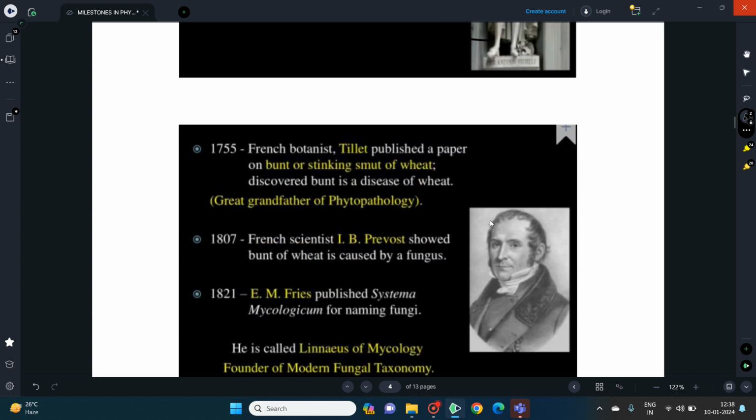In 1755, the French botanist Tillet published a paper on bunt or stinking smut of wheat, and he discovered that bunt is a disease of wheat. He is called the great grandfather of phytopathology, nothing but plant pathology.